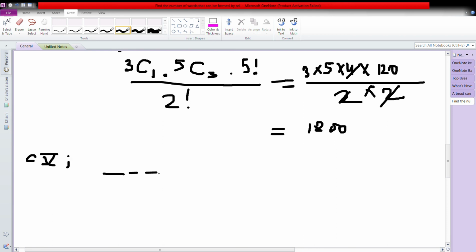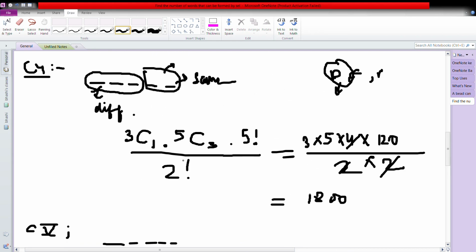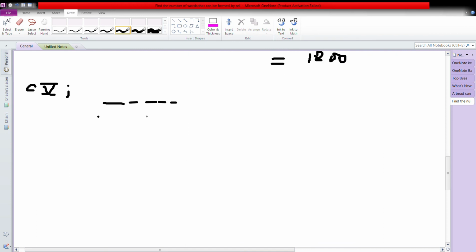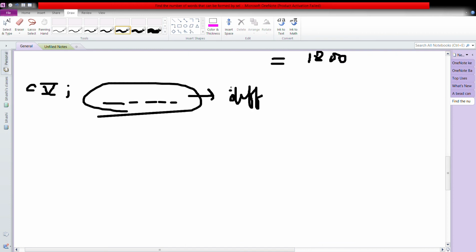We are having 5 places again, and there are many cases like they are different, they are same. Let us make that all are different. For the different case we already know that if one letter is placed here from out of the 6, then it has to be 5.